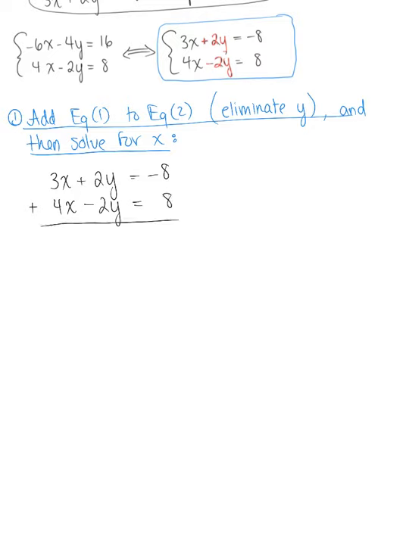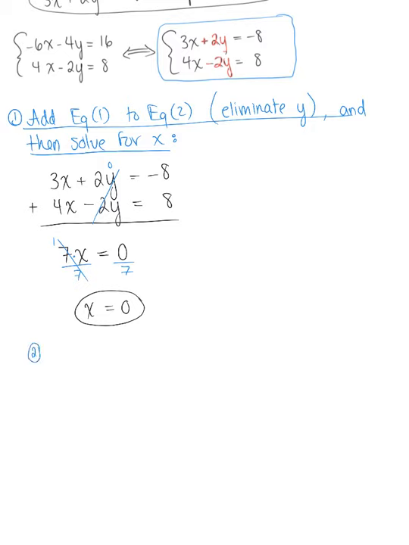And so we see positive 2y minus 2y goes to 0. 3x plus 4x is 7x. And then negative 8 plus 8 is 0. And then to solve for x, I am now going to divide both sides of the equation by 7. 7 divided by 7 gives us 1, and we are left with x is 0. So this is the x-coordinate of our solution point.